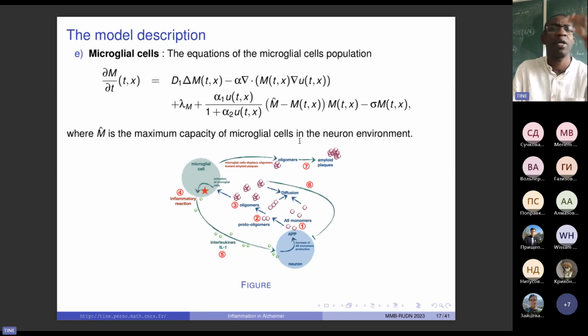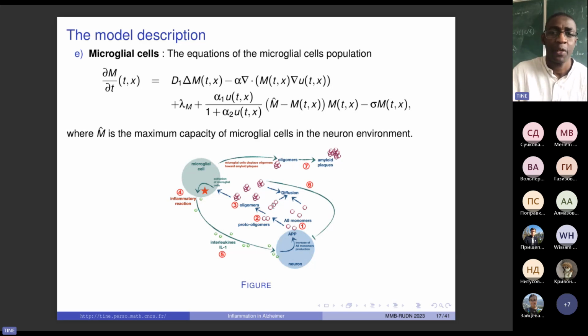So for the microglia cells, as I said, their role is to identify where there are a lot of oligomers. And when they see a lot of oligomers, they have to take them and displace them into a plaque.